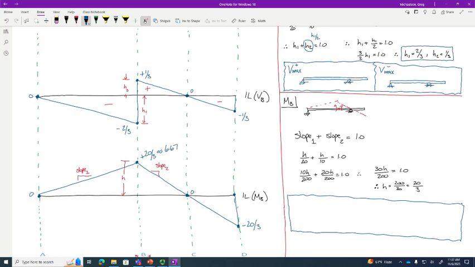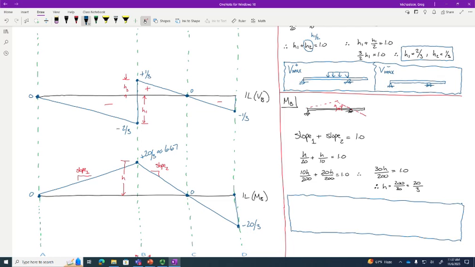I propose that for the worst case positive shear, I should just put that load right there. Why there? Why nowhere else? Because it's the only place on the influence line that gave me positive shears. So if I want the worst case positive shear due to this load, put it there and nowhere else.